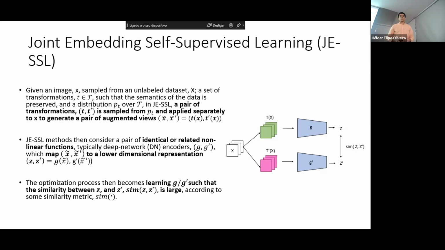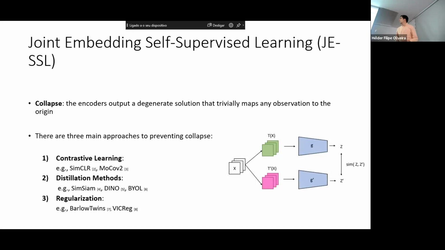Then, joint embedding self-supervised learning methods will consider identical or related nonlinear functions, typically deep neural network encoders, and these encoders will map our two views to a lower dimensional representation space. The optimization process then becomes learning the two encoders such that the similarity between the latent variables of the two views is large according to some similarity metric.